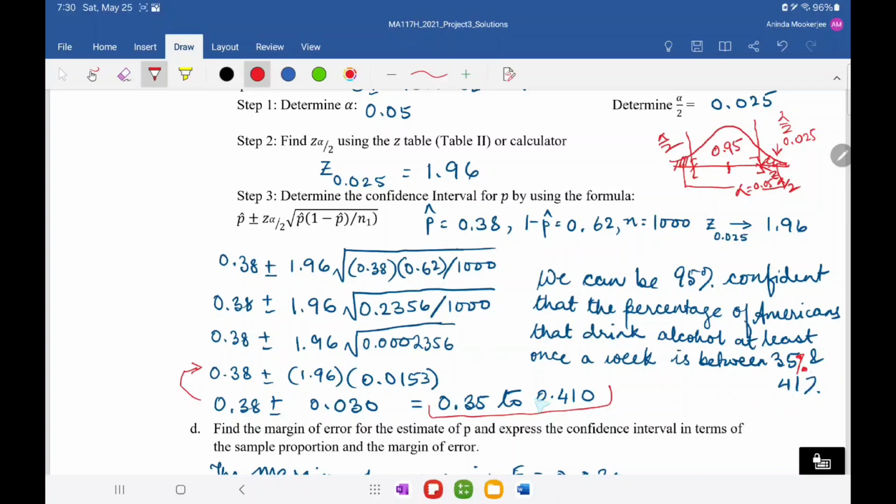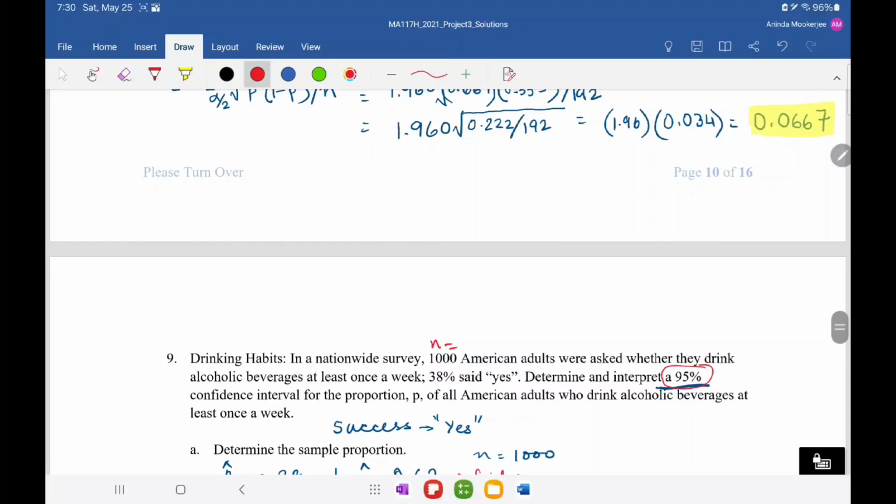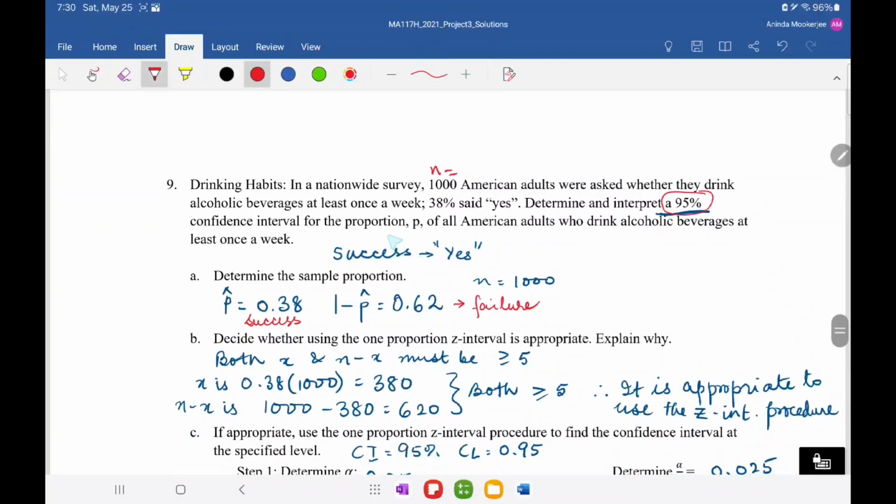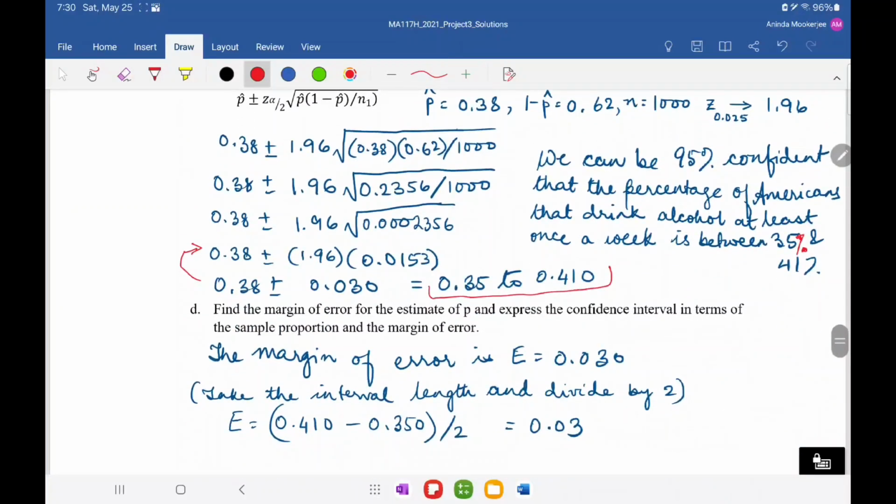But if you had written it in proportion, I would still give you the points. But the question says confidence interval for the proportion, so I think it would be a better idea to write your intervals in proportion. So is between 0.35 to 0.41.